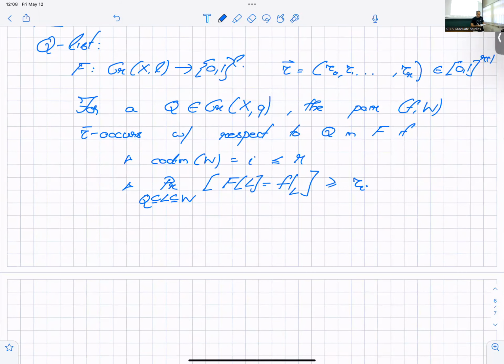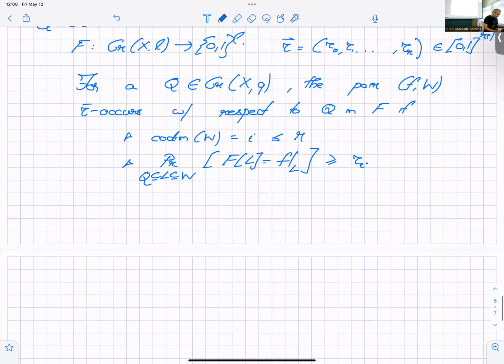Now we say a pair is maximal. The pair (F, W) is explaining the zoom above, but with W being codimension i.